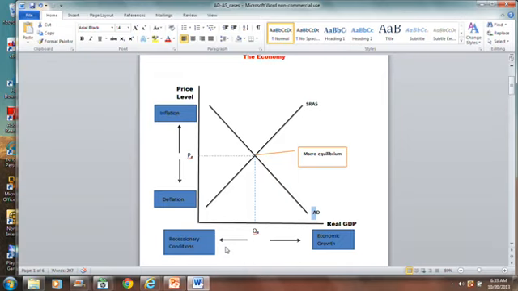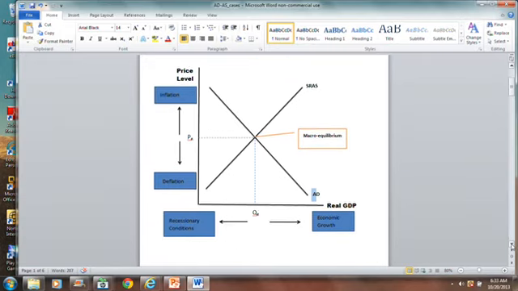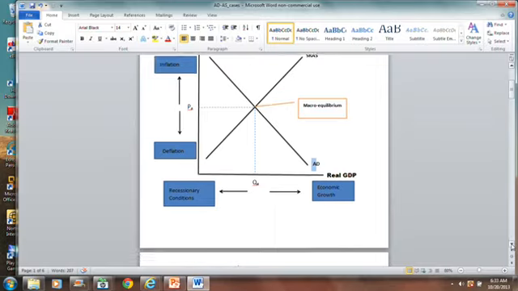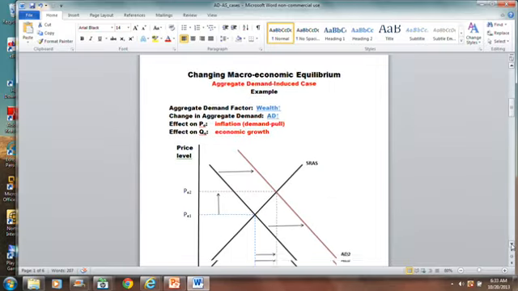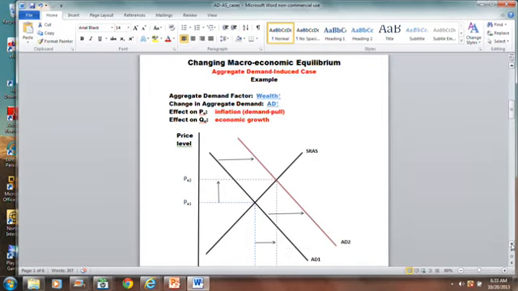So the aggregate demand curve and the aggregate supply curve, when they shift, it's going to cause changes in macroeconomic concepts that we've been discussing, like inflation or economic growth, and so we can detect those things in our economy model. Let's look at a series of cases. Let's look at what I'll call example 1.